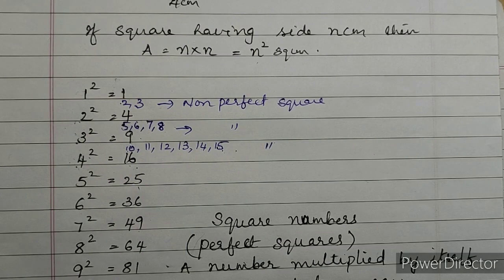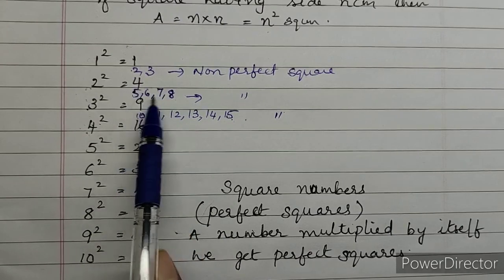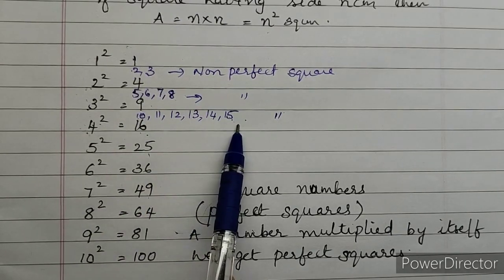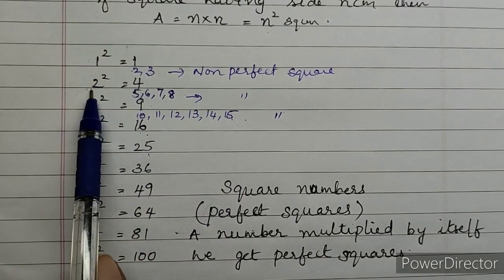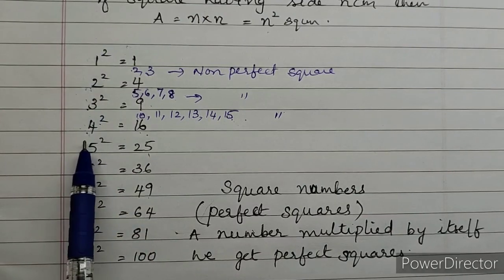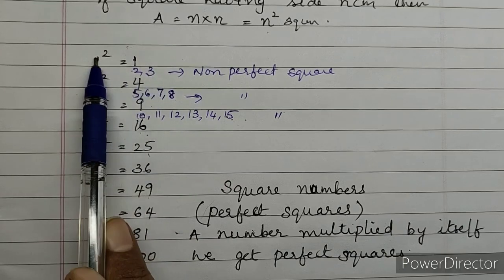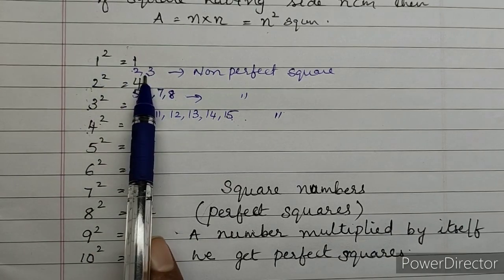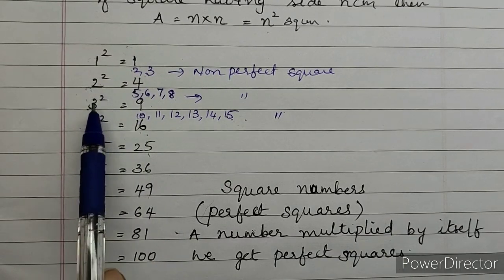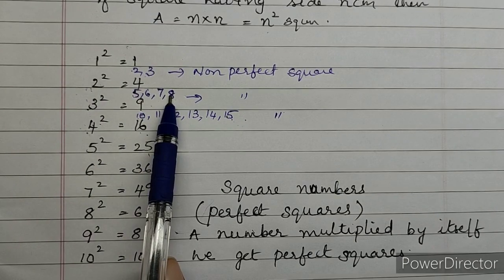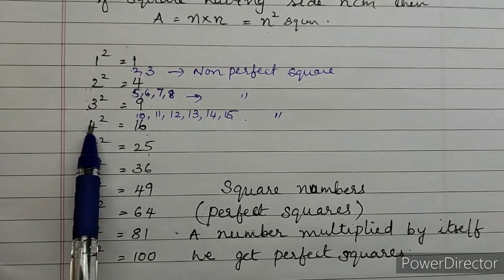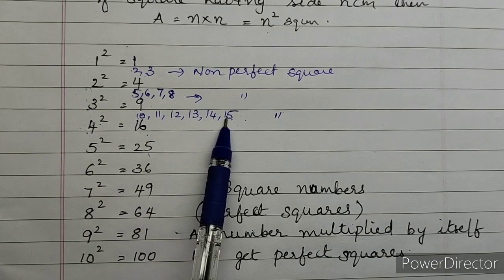From these, what can you say? As the value of the perfect square increases, do you notice something? See here, in between 1 square and 2 square, 2 non-perfect squares. In between 2 square and 3 square, 4 non-perfect square numbers. In between 3 square and 4 square, 6 non-perfect square numbers. What do you observe there?